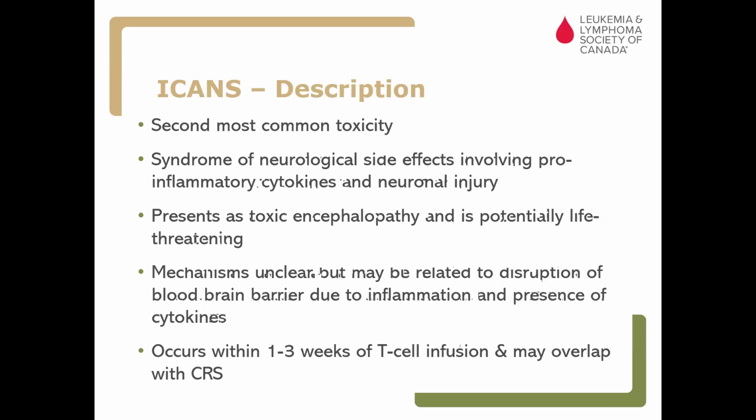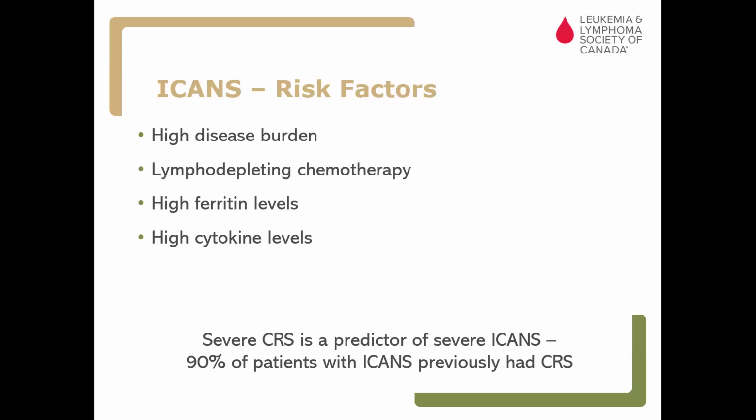ICANS typically occurs later than CRS, usually within 1 to 3 weeks of T-cell infusion. However, this may overlap with CRS symptoms. Risk factors for the development of ICANS include a high disease burden, the type of lymphodepleting chemotherapy, the presence of high ferritin levels, in addition to the presence of high cytokine levels.